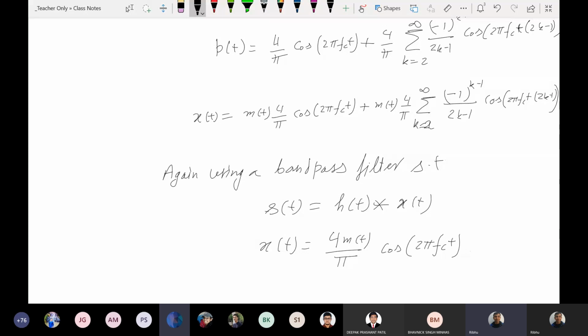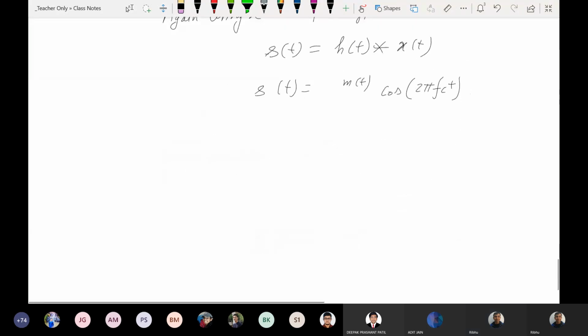Yeah, S of t, sorry. Fine. And so we can adjust the filter gain and get simply this. There is something called the filter gain that we can change and get simply this.